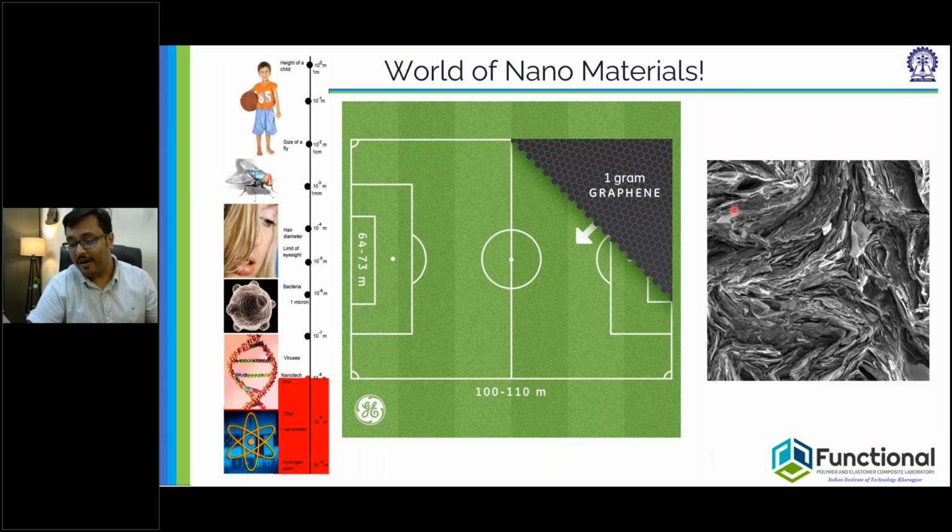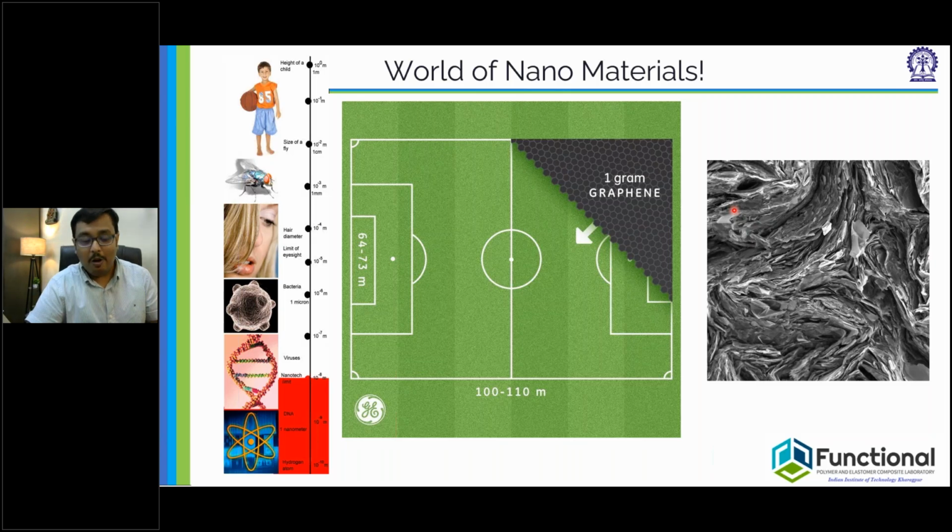But whenever the number of layers is less than 9, any number from 1 to 8, that material becomes a nanomaterial. So that's why I call every child who just begins to write in school equally a nanotechnologist. You can see there is an immense contribution of nanotechnology right at the beginning of your career.